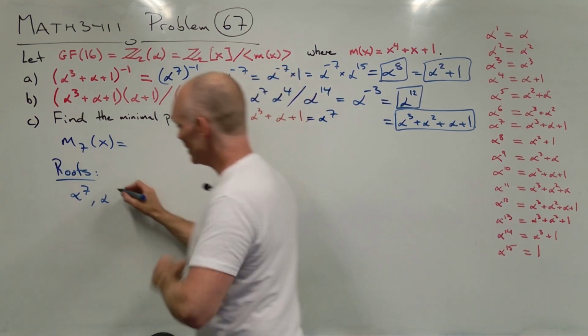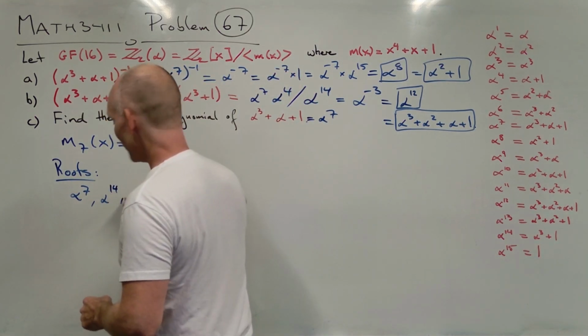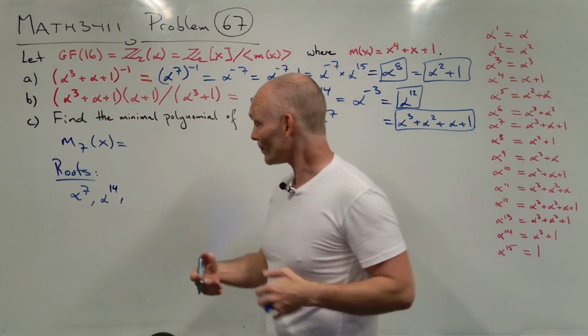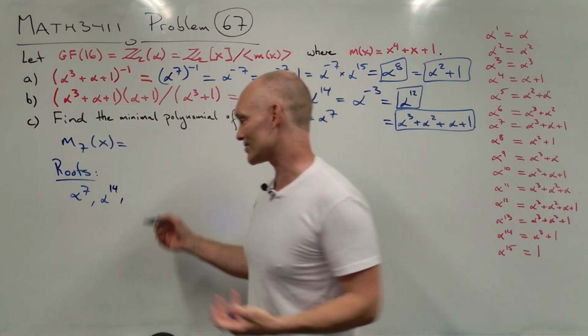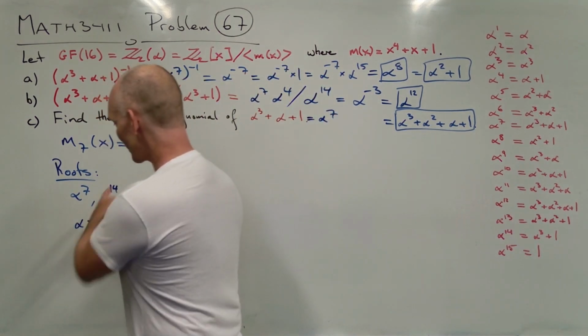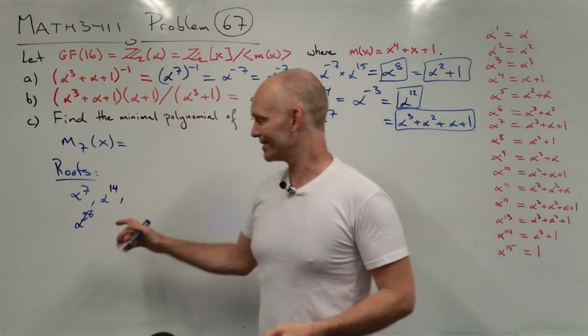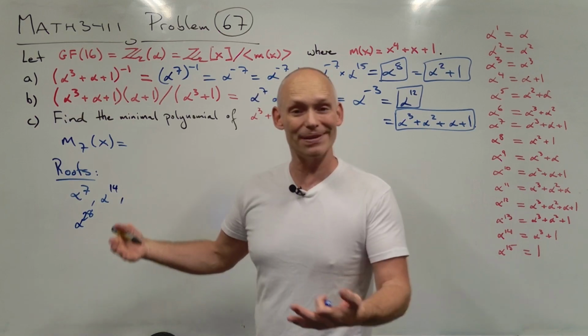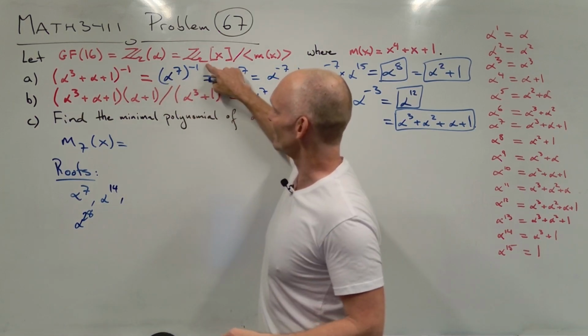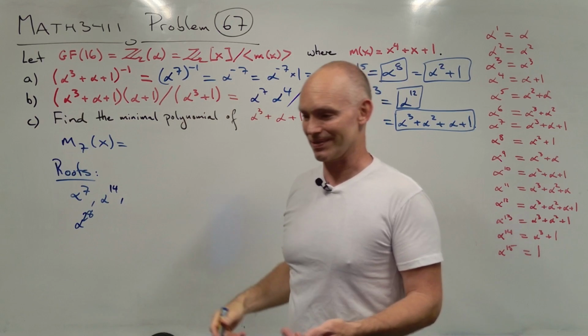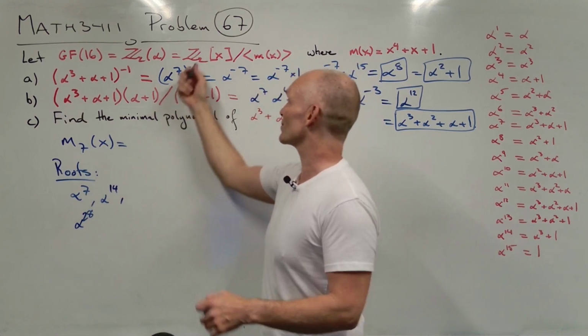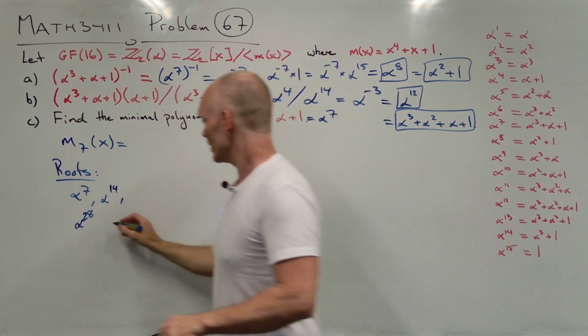But here it's 2, so this is 14. And then I just keep doubling up, and that's all. So alpha to the power of 14 times 2 is 28. Again, doubling up; I'd have to triple up, for instance, if we're talking Z3, and multiply by 5 if we're talking about Z5, and so forth.